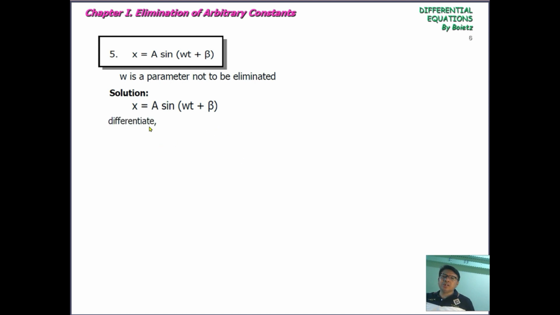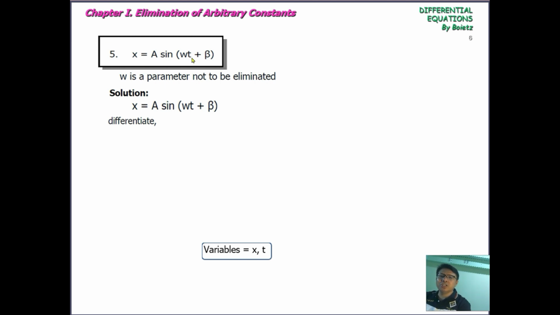Then differentiate. So let's examine this equation. Here, ang variable mo dito normally x, sabi ko nga sa inyo normally doon yung sa bandang dulo ng alphabet. So here, ang variables mo dito yung x saka yung t.